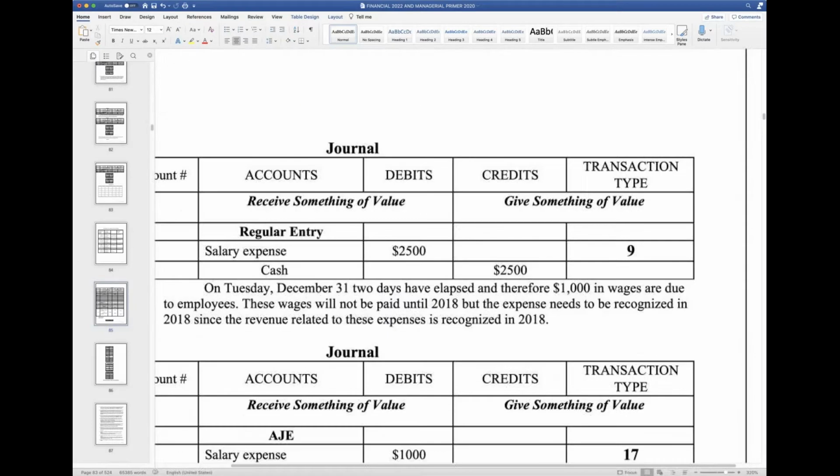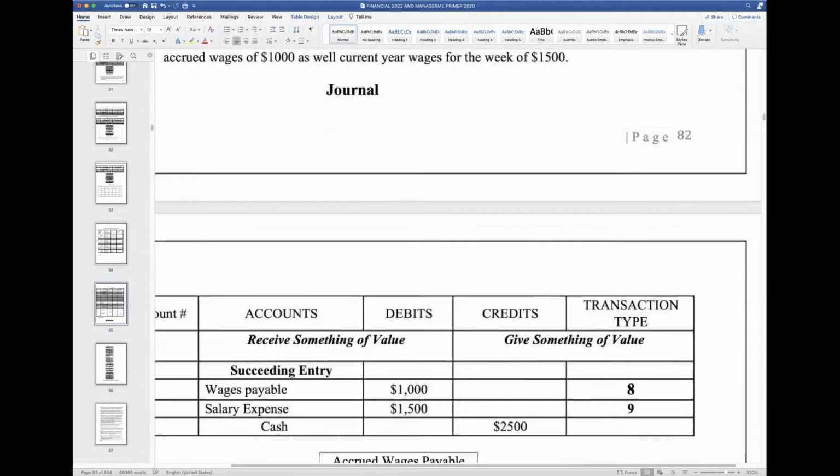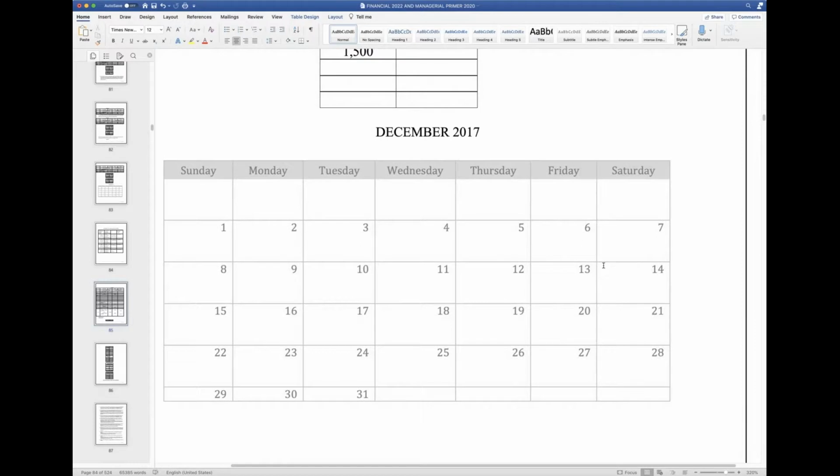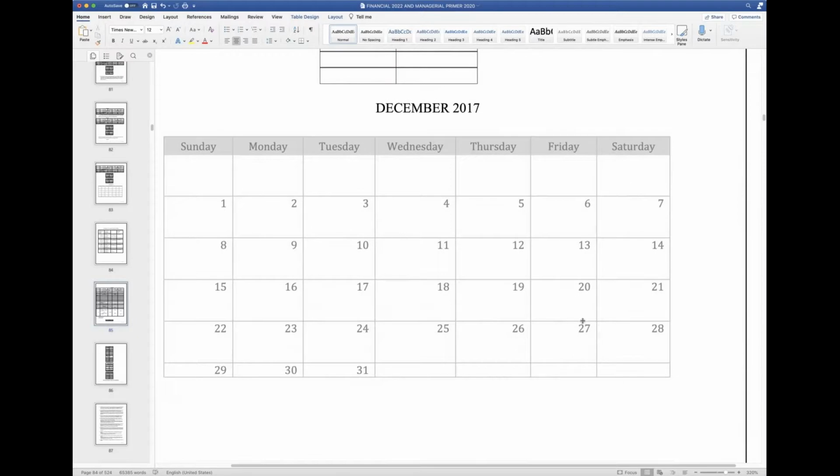Okay, so if we look at this calendar, we pay on Friday, we pay on December 6th, December 13th, December 20th, and December 27th. But the workers work Monday and Tuesday, the 30th and 31st also. We've got to get that into the December year.